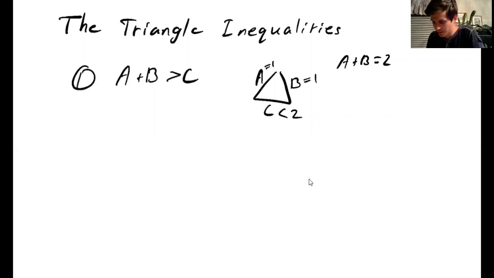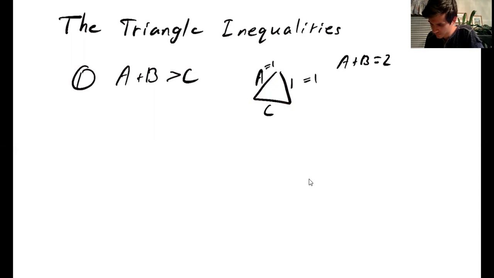Going from this side to this side, you're doing the quickest travel with C. Any other travel, because it's not a direct line, is always going to give you a bigger length. But we're going to prove that.